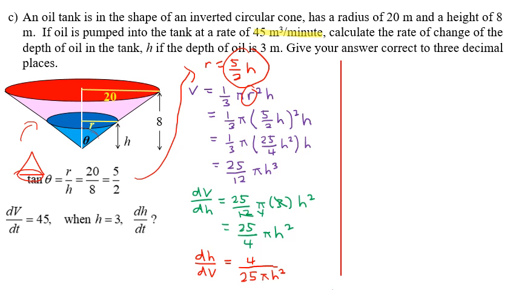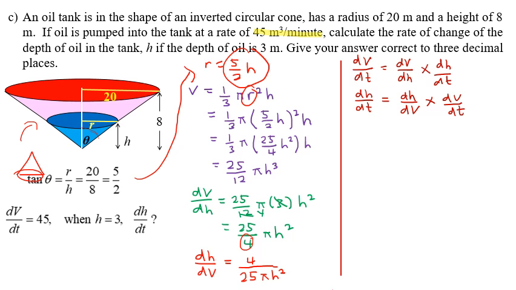So in this example, since later we know we have to reverse from dV/dH to dH/dV, we straight away write down dH/dV. You notice only 4 is below. When we reverse it upside down, 4 will go on top, and the downside is 25 pi H squared. Okay. Right. And then we can proceed with the chain rule.